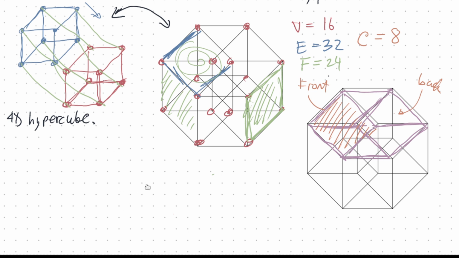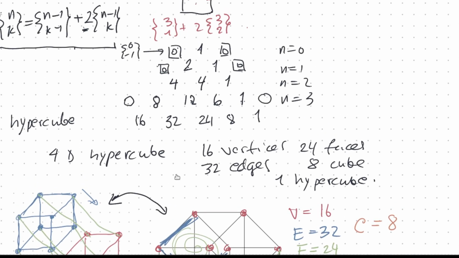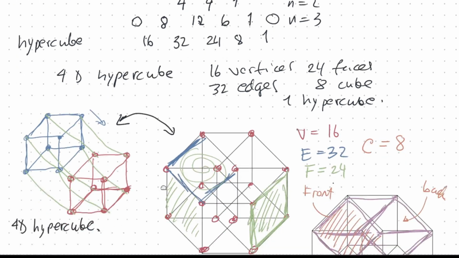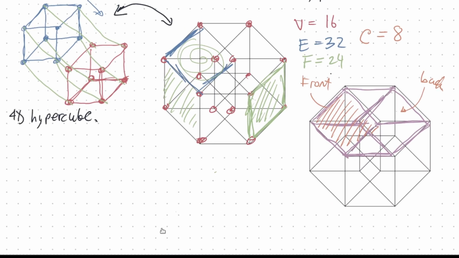We know that this works now, and let's see if we can go further and try to develop a formula, like the binomial number formula, because we see that they're very, very similar.